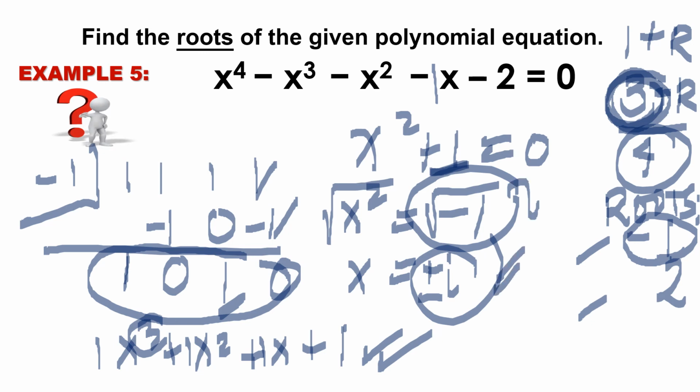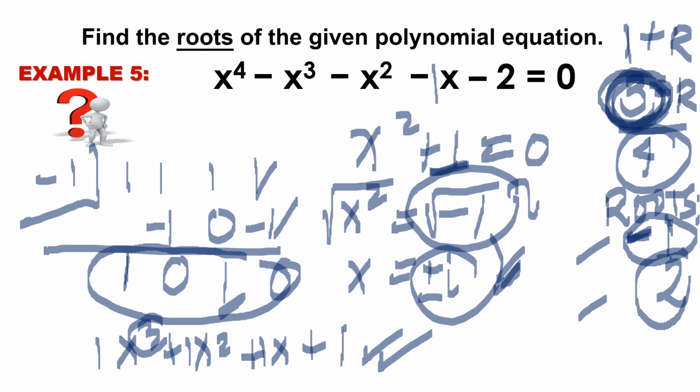These are the 2 complex numbers, positive i and negative i, plus 1 negative here. And positive 2 here is the 1 positive root. But the important thing now is we're able to find all the 4 roots.